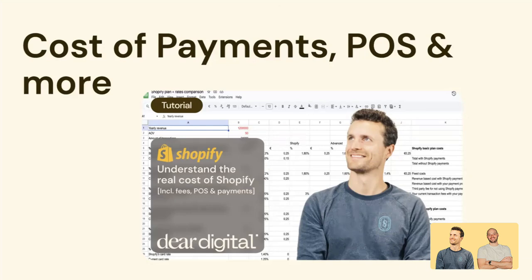This is a video that I made because it's sometimes very intransparent when you have all of those different payment methods, from Bancontact to credit cards in Europe, B2B credit cards, international credit cards, etc. How much it actually is going to cost you if you go to Shopify Payments, or if you have your own pricing from your payment provider like Mollie or Adyen. So we made this file as well to make sure that you can play around with this and understand what your cost structure will be.